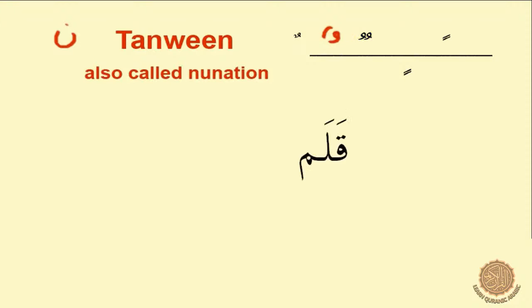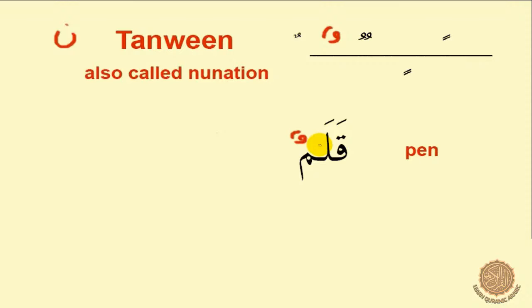Now, here we have the word qalam. Qalam means pen. Now, for example, if we put one Damma, it will be qalamu. If we put two Dammas, it will be pronounced as qalamun. Qalamun. So notice the noon sound at the end.